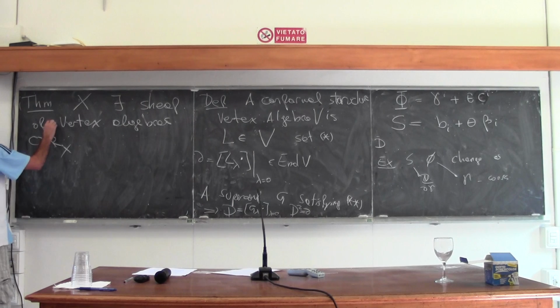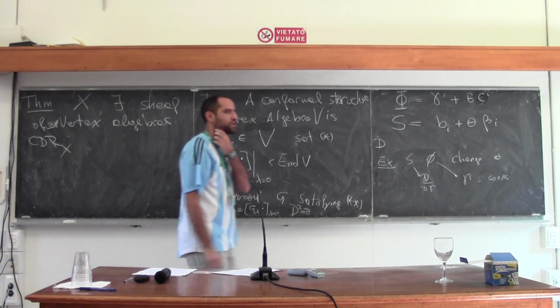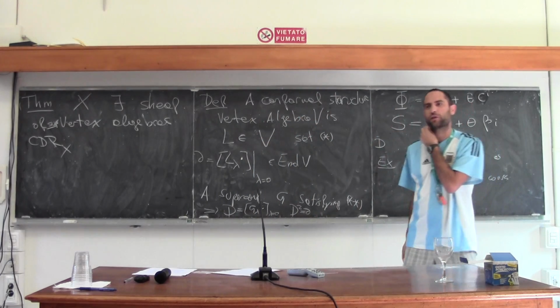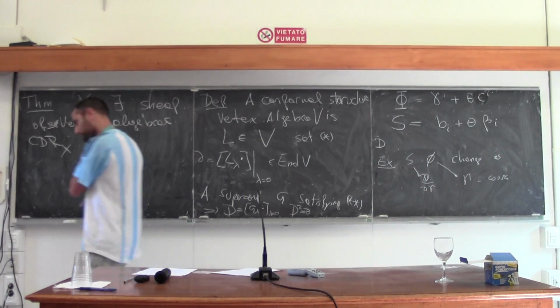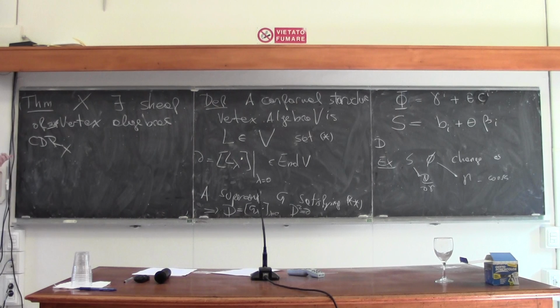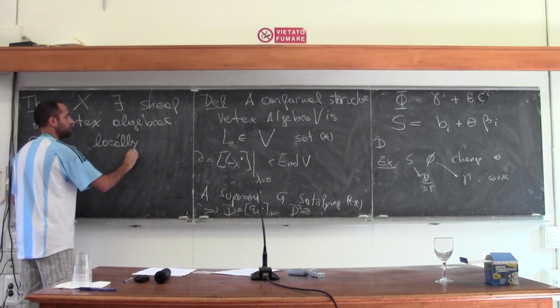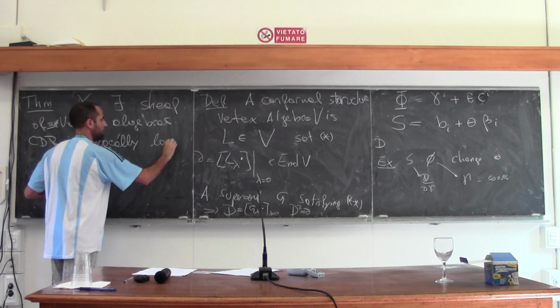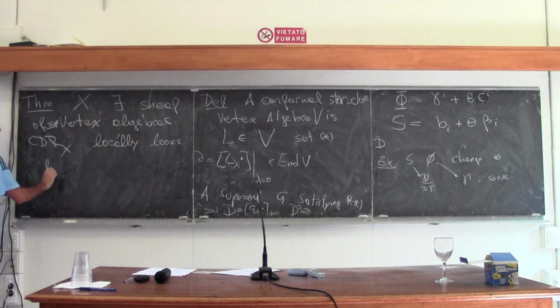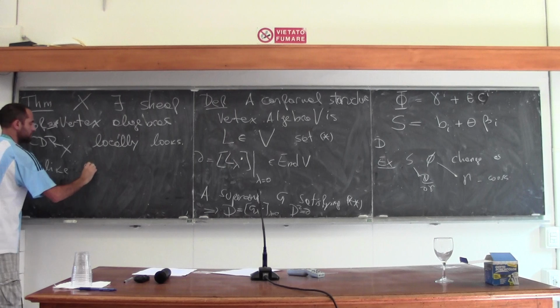Yeah, I don't like the word super. I think it's just mathematicians trying to be fancy. Everything is naturally super. So there's a natural vertex algebra called the Cattaneo complex of X, which locally looks like a bc, beta gamma system.